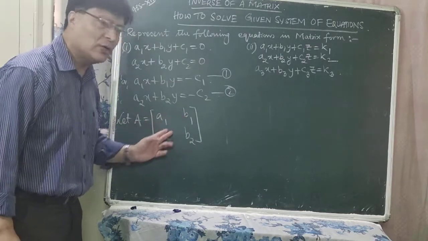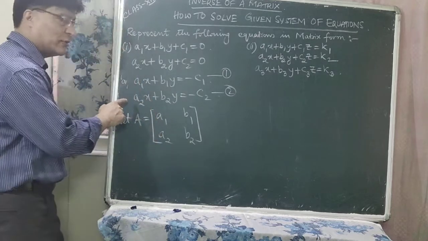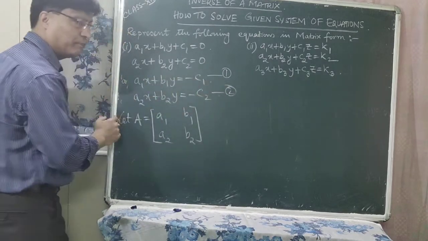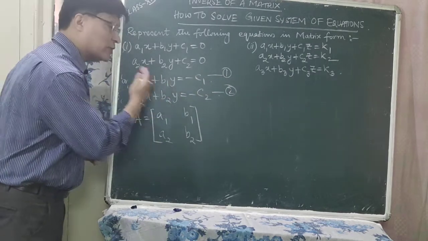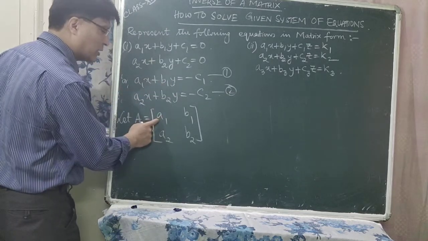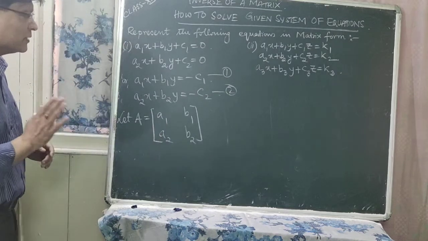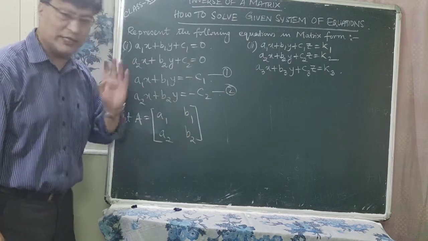This is known as the coefficient matrix, because in this case we have written the coefficients of x and y from both the equations 1 and 2. In the first row, from the first equation, we have written the coefficients of x and y, that is a1, b1. And in the second row, we have written the coefficients of x and y from the second equation, that is a2, b2.